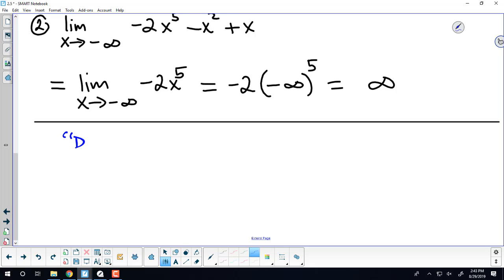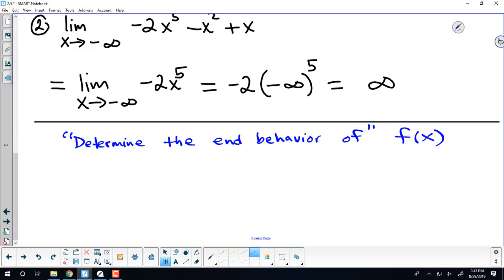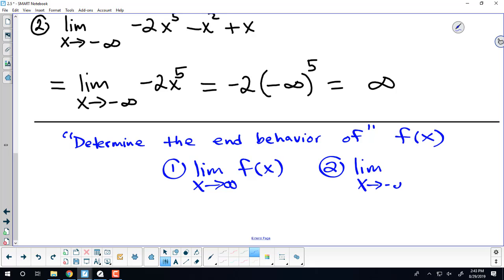In general, when it says determine the end behavior of f of x, what we do is compute two things. One, the limit as x approaches infinity, and the limit as x approaches negative infinity. Those two limit statements are implied in the phrase determine the end behavior.